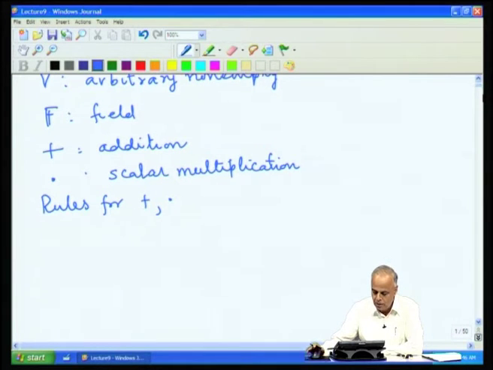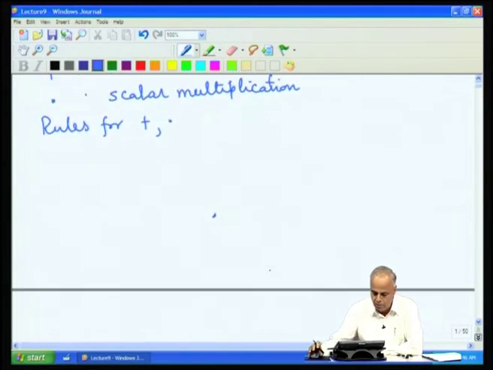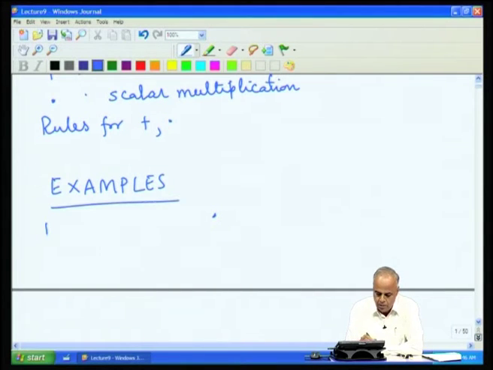We shall now look at some examples of vector spaces. The first simple example is the following. Since all our motivation for the definition of a vector space stems from our experience with R k, clearly R k is itself a vector space.